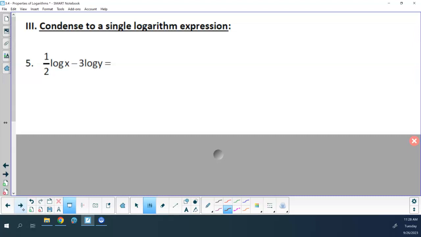When we were expanding, the first thing you apply is the product or the quotient property. Then the next thing you apply is the power property. When we're going in reverse, when we're condensing, getting it down to one single solitary log at the end, you do those steps in reverse. So the first thing you would apply is the power property. So this would be log of x to the 1/2 power minus log of y cubed.